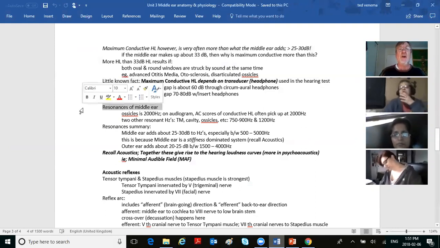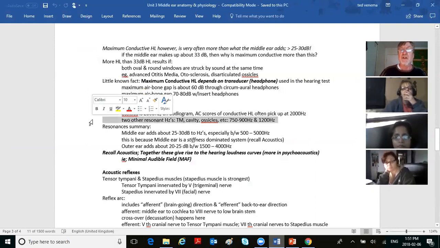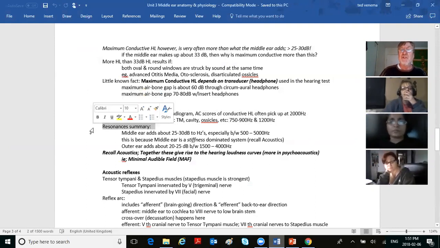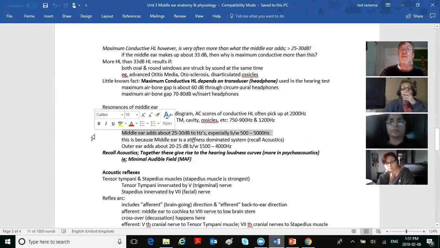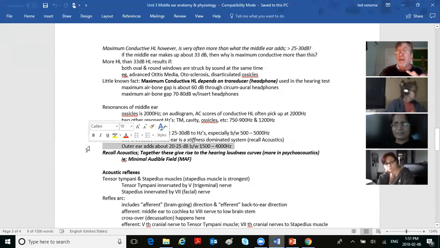This point here, resonances of the middle ear, ossicles, 2,000 hertz. Okay? Don't worry so much about these. The resonances summary, the middle ear adds about 25 to 35 dB, especially between 500 and 5,000 hertz. The outer ear adds about 20 to 25 dB between 1,500 and 4,000 hertz.